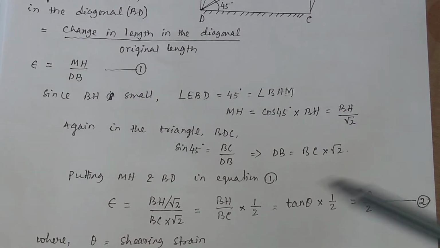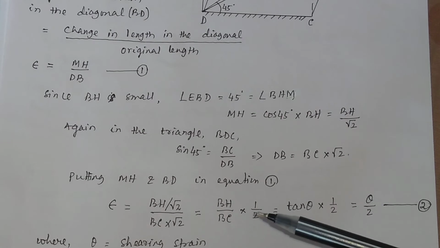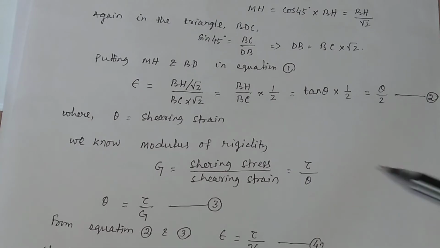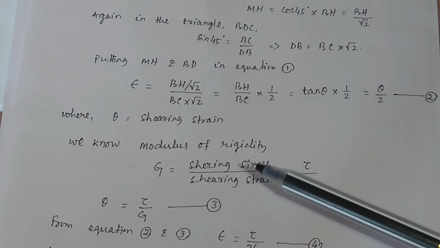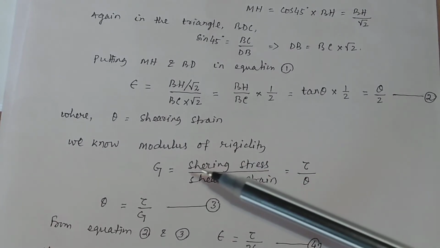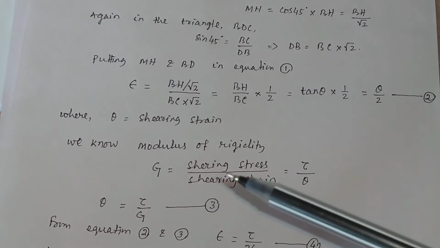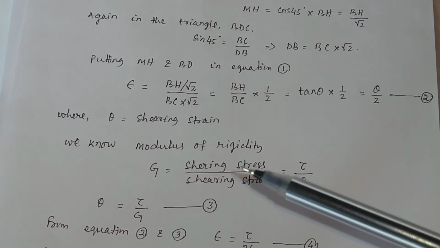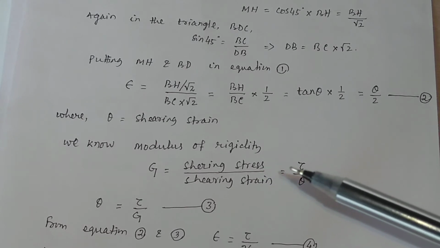As you know, here theta is called the shearing strain, and from the definition of the modulus of rigidity, G is equal to shearing stress divided by shearing strain. Here we have taken shearing stress equal to tau and shearing strain equal to theta.